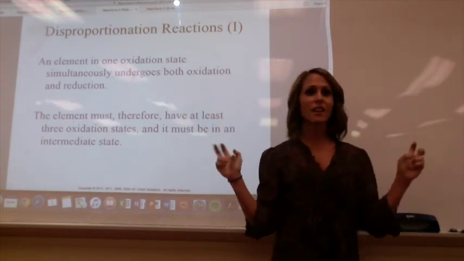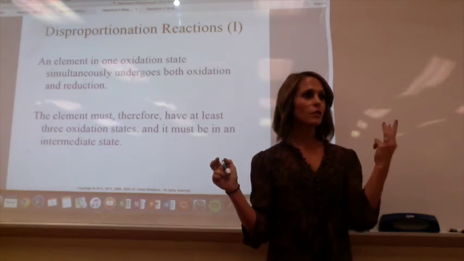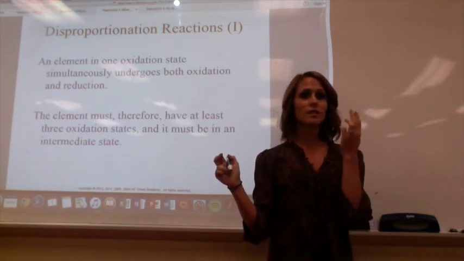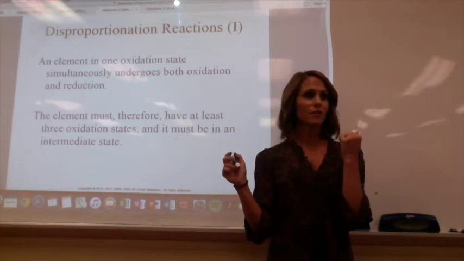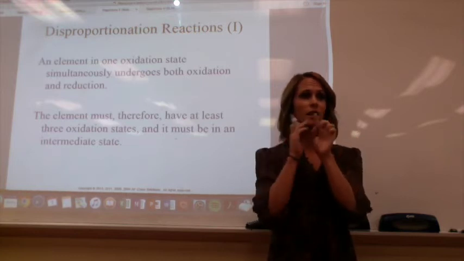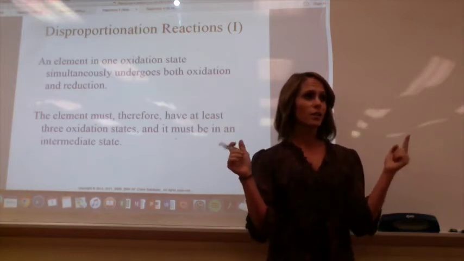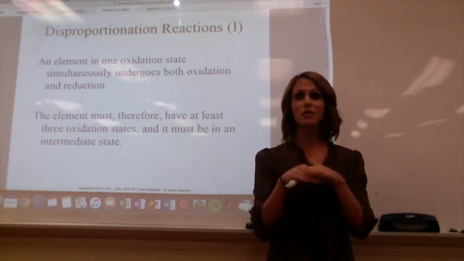When I mean thing, I mean its oxidation state. It has 3 different oxidation states. It's in its intermediate state, and it's going to go to the 2 other states. The other disproportionation is when you have the other 2 going to the intermediate state. So you have 2 going to 1 or 1 going to 2 of the same element every single time.